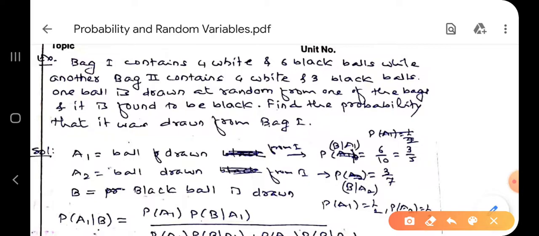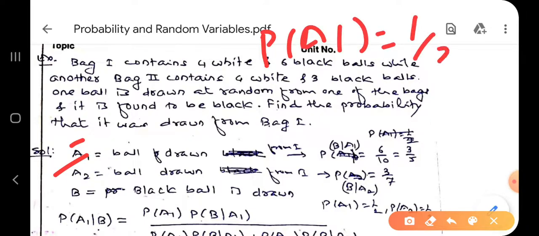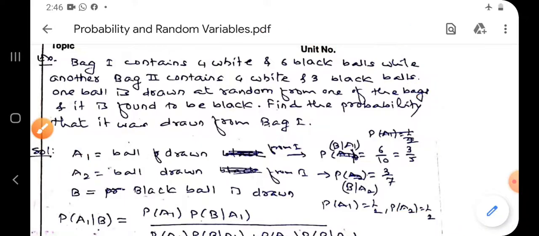How many bags are there? Only 2 bags, A1 and A2. So out of these 2, we have to select one. So P of A1 is 1 by 2, P of A2 is also 1 by 2. Both have the same probability.